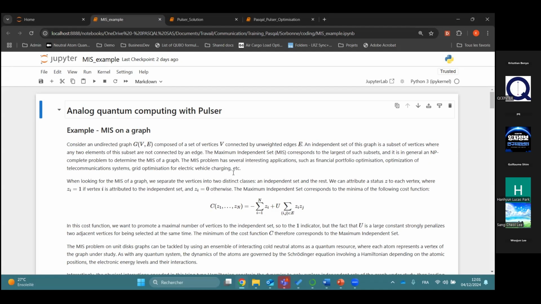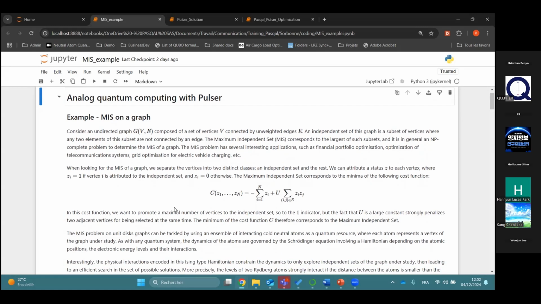This is what it means to be independent, and the maximality is a key point in the optimization side of it. What I've also illustrated is that this maximum independent set problem can be formulated as a quadratic unconstrained binary optimization problem.